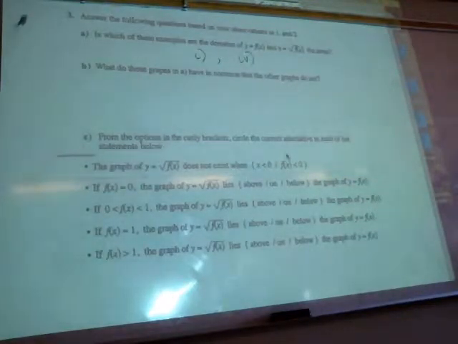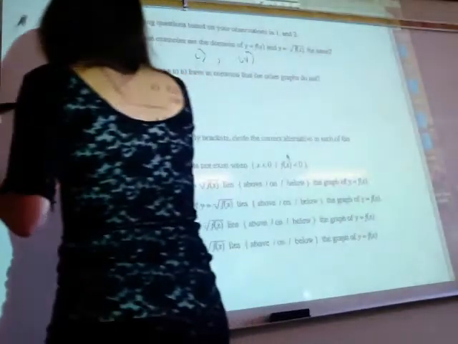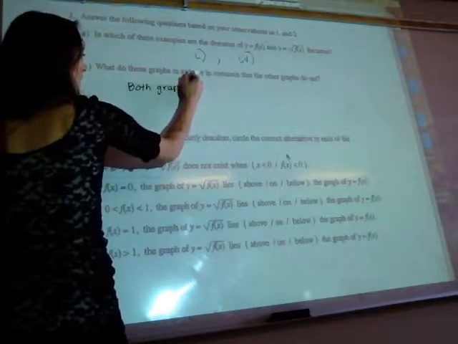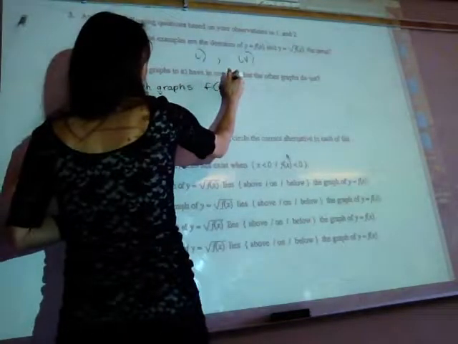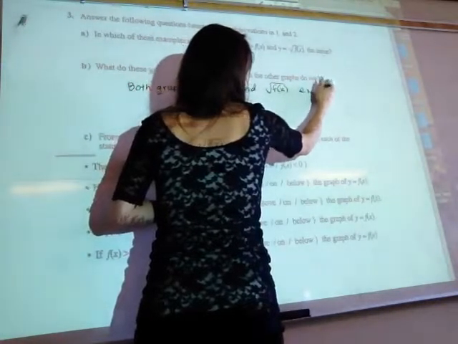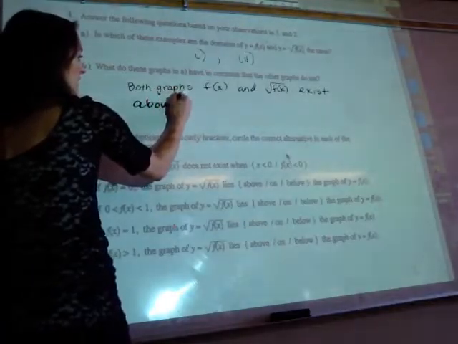Can you guys summarize for part B what they have in common, why they would have the same domain and range? Oh, they're all positive. Good, both graphs. So f of x and the square root of f of x exist above the x-axis.